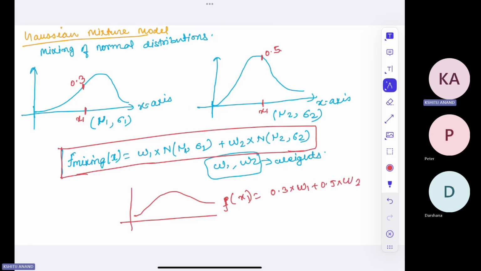So for all x on the x-axis, the probability density will be W1 into the probability density according to the first normal distribution plus W2 into the probability density for that x according to the second normal distribution. Did you understand the mixing? How does the mixing happen?